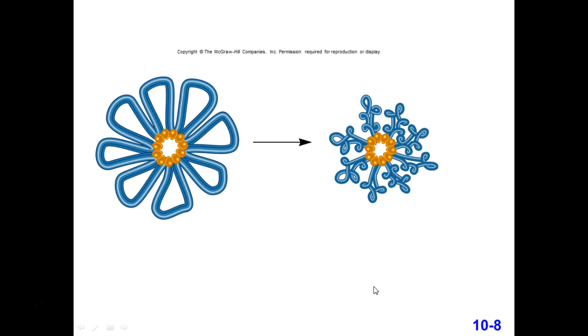Now, the next level that they do is they twist these loops. And so, again, the best real-world example I can give, if you take a rubber band, right, that's circular, it's like a loop domain, and then you twist it on itself again, right? And so that's what this is representing here.